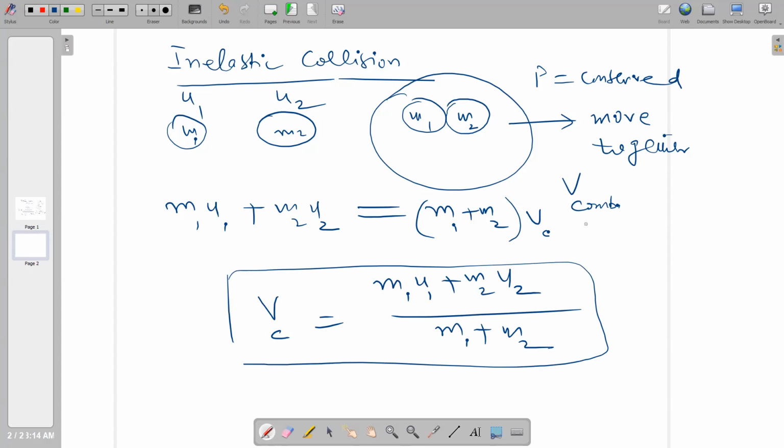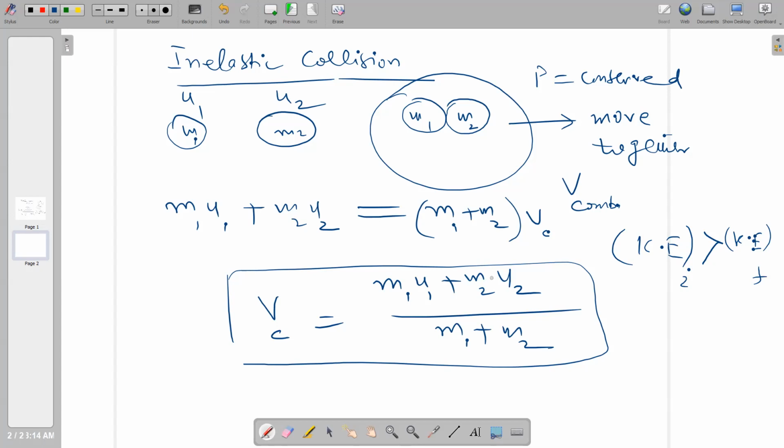So here remember that the initial kinetic energy is greater than the final kinetic energy. Surely the initial will be more, and some energy is lost in the deformation.